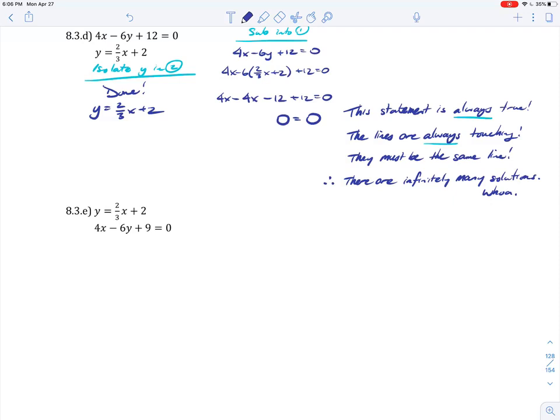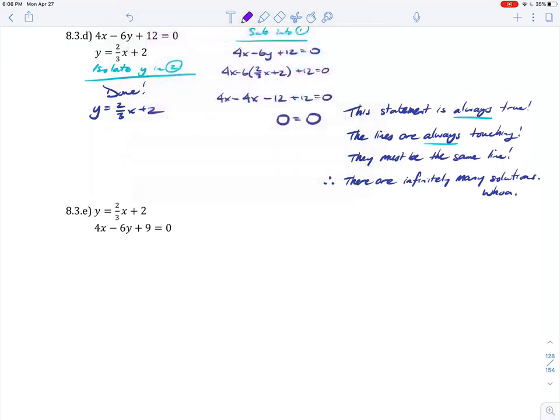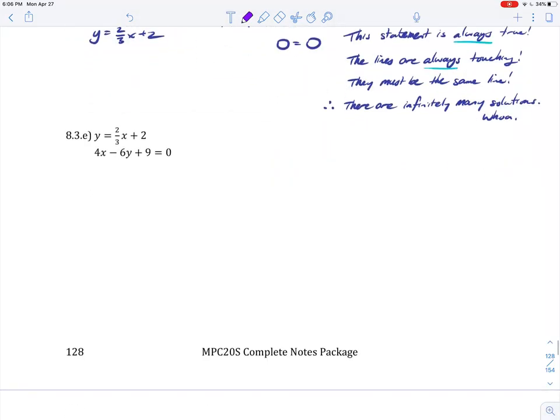Anyhow, we can see other weird things that also happen in this next example. We're still going to follow the exact same steps as one normally would. I'm going to resort back to my favorite purple here. Our first step is to choose a variable to isolate in one of the equations.